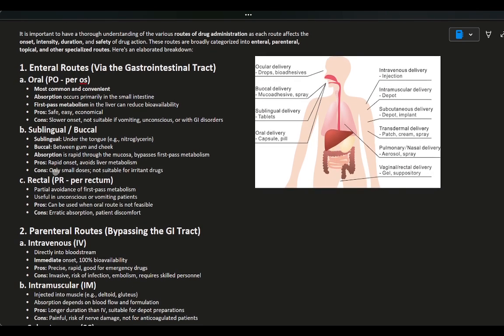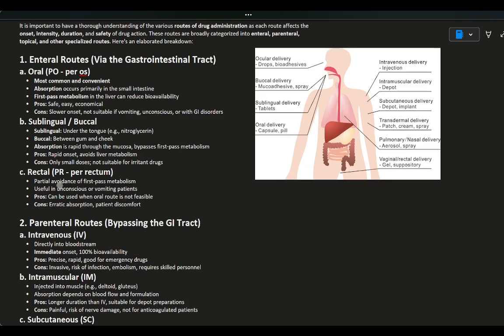And then the third enteral route we have is called the rectal route, or PR, or per rectum. This route allows partial avoidance of the first pass metabolism, and unlike the oral route, it can be useful in unconscious or vomiting patients.